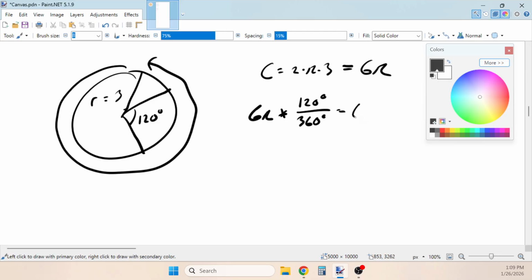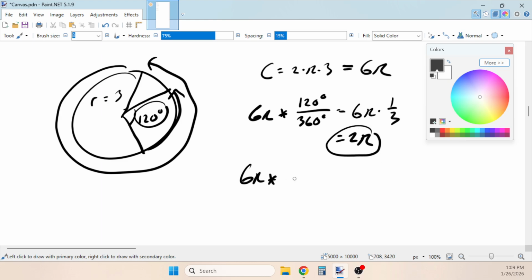So that would mean what? 6 pi times 1/3 gives us 3 pi. So going 120 degrees gets us 3 pi. If I wanted to go, let's say 200 degrees, take 200 degrees out of the circle.